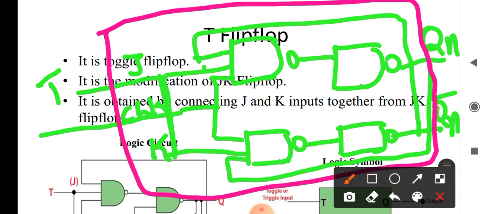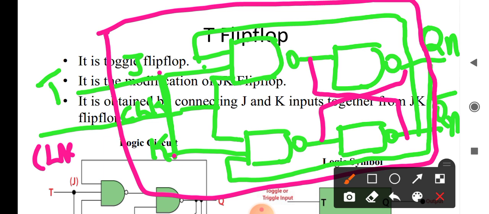The clock is there, T is the input, J and K are shorted, and I forgot to write this one, it will also be there. The remaining things are all the same.